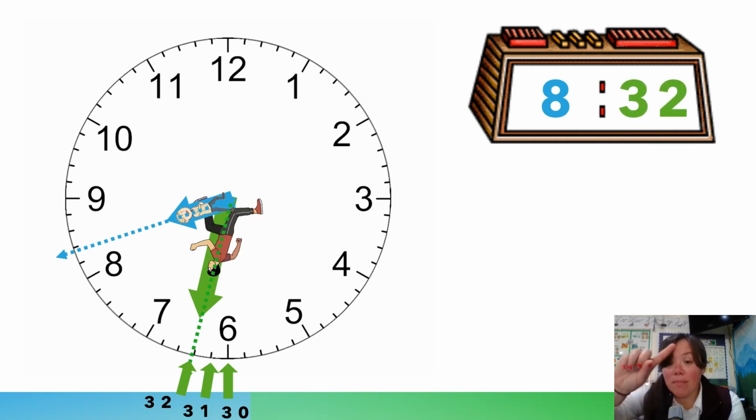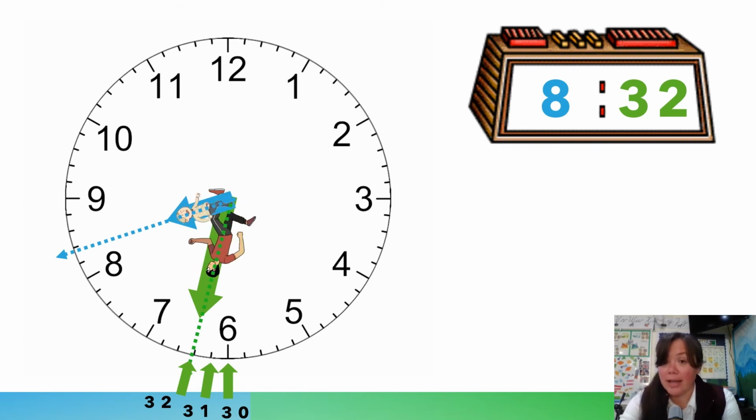So I can count by 5s until I get close to where my arrow is, and then I will continue on counting only 1 extra each time, each mark that I move. Let's do one more. And this is another interesting way to use your minute hand and count by 5s.